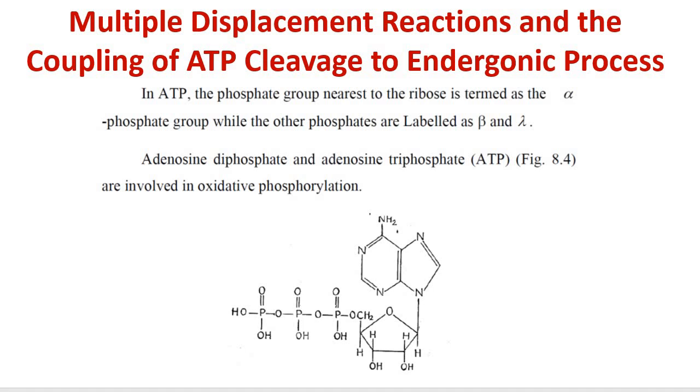You also know adenosine diphosphate and adenosine triphosphate are involved in oxidative phosphorylation. So this is the complete structure of ATP, adenosine triphosphate. Practice with the structure, because if you know this structure, then you will understand the reactions of this chapter, because every reaction occurs on the phosphate, the base and the sugar.